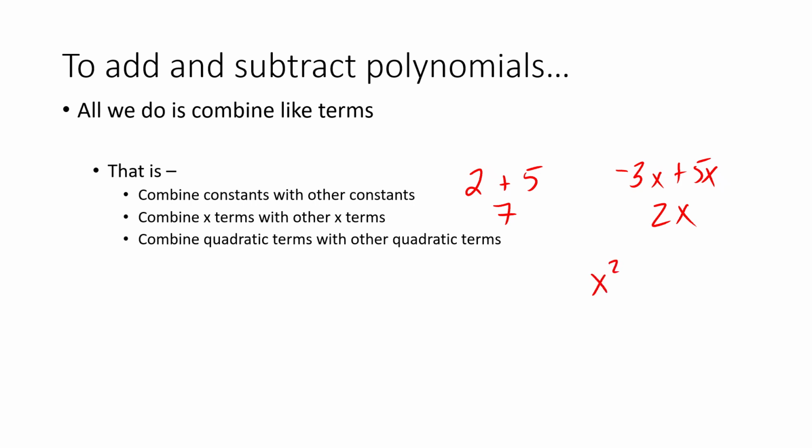So x squared plus x squared would give me 2x squared, and so on and so forth. If you had cubic terms, pretty much what you have is these 2 polynomials and you want to add them. You're just going to look for all the matching parts and add the matching parts. If you were subtracting them, you would do the same thing, except you would subtract all the matching parts. That's pretty much all there is to it.